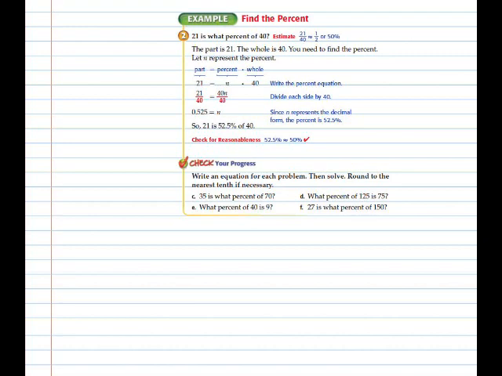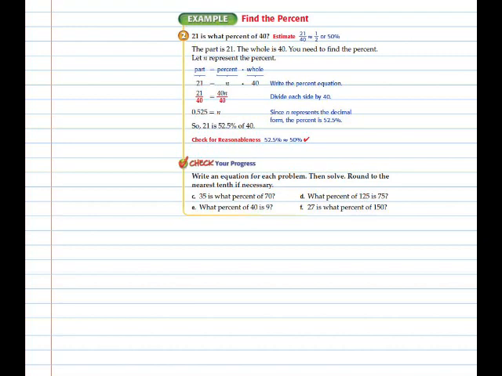In example 2, find the percent. 21 is what percent of 40? Their estimate: 21 of 40 is about half, or 50%. The part is 21, the whole is 40. You need to find the percent. Let n represent the percent. So 21, the part, equals the percent n times 40. In this case, they divide both sides of the equation by 40.